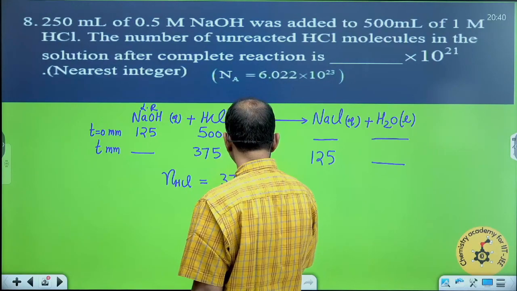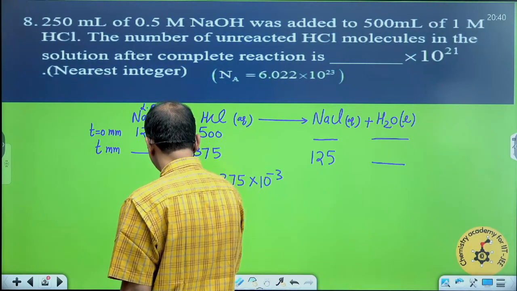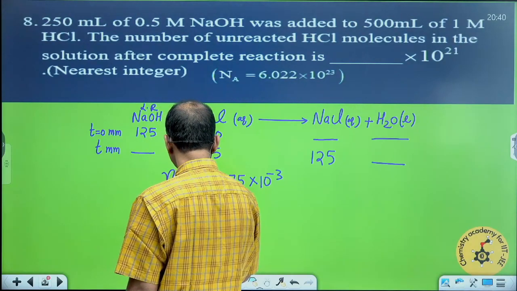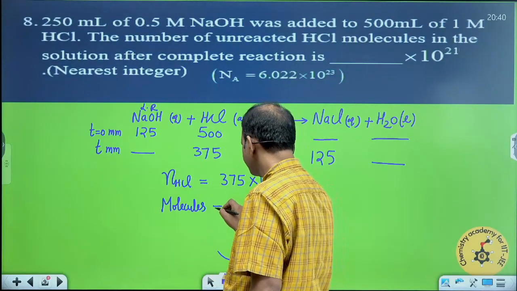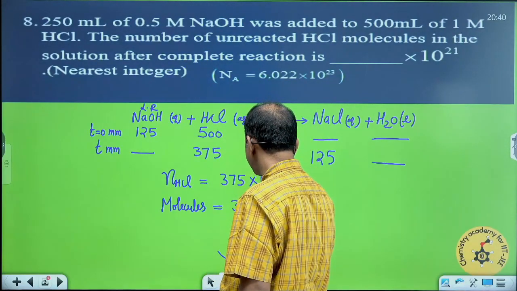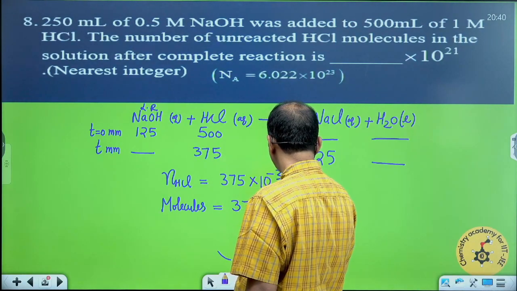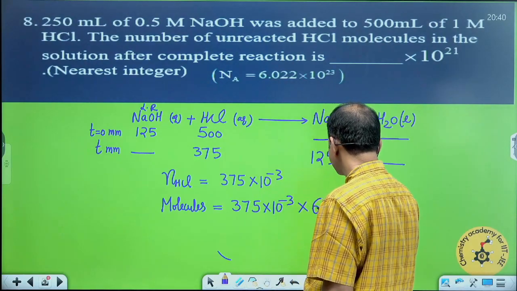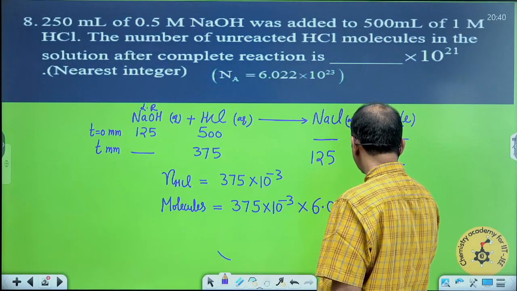This is the number of moles, and we have to calculate the number of molecules left unreacted. So number of molecules is equal to number of moles into Avogadro number. So number of moles is 375 into 10 to the power minus 3, and Avogadro number is the given value, 6.022 into 10 to the power 23.